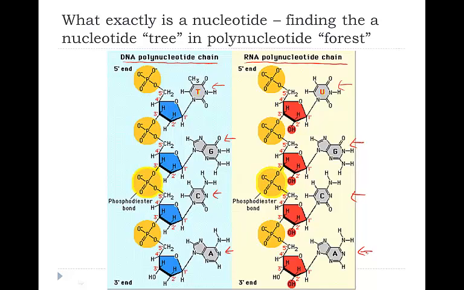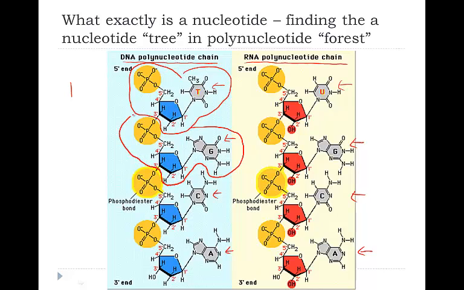So now I'm going to go through and carefully circle each of the nucleotides of this polynucleotide chain, or the nucleic acid. So here's the thymine nitrogenous base, the 5-carbon sugar, which is actually deoxyribose in this case, and the phosphate group. So that is one nucleotide, and it's the thymine nucleotide. Again, the nitrogenous base guanine, the deoxyribose 5-carbon sugar, and the phosphate group.